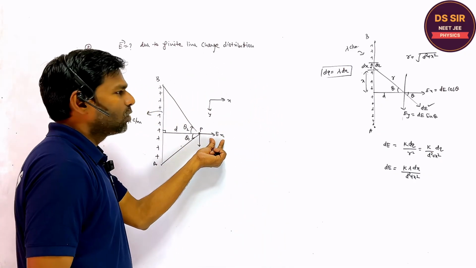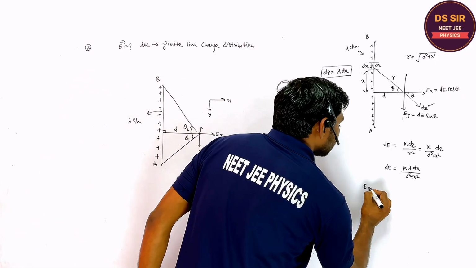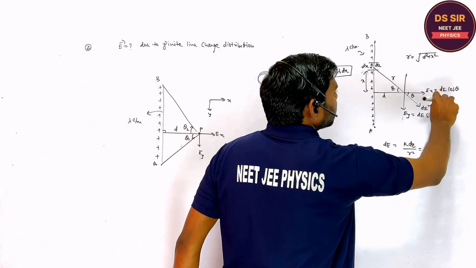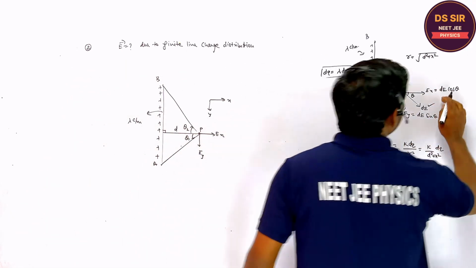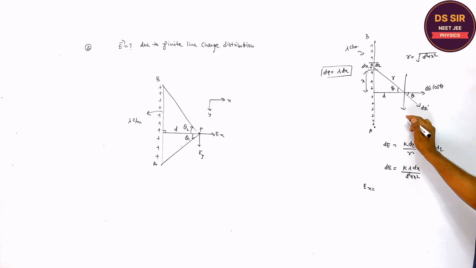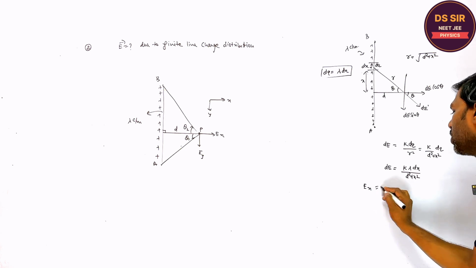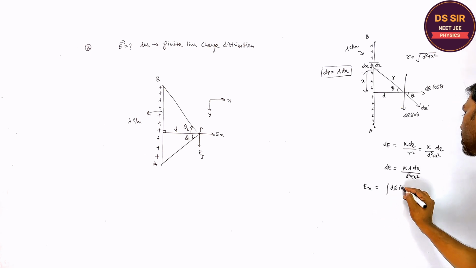So if you want to write the Ex, wait for one minute. This component is dE cos theta and this component is dE sin theta. Is it clear or not? So if you want to find the electric field in the x direction, you have to integrate dE cos theta.